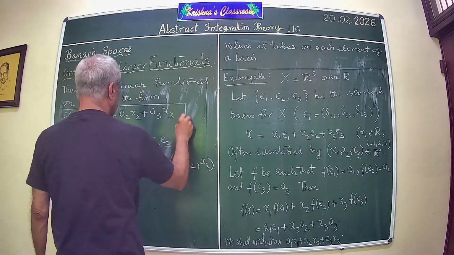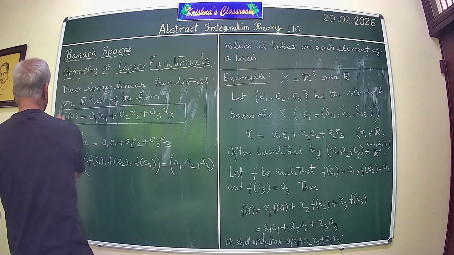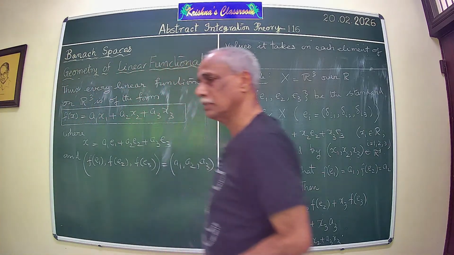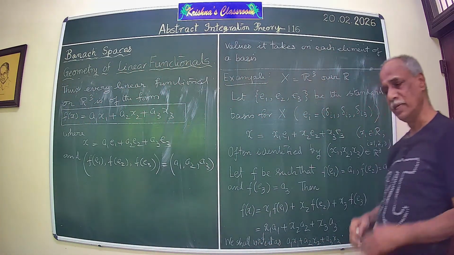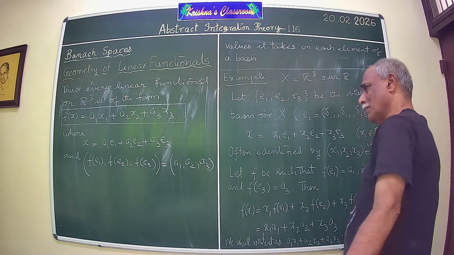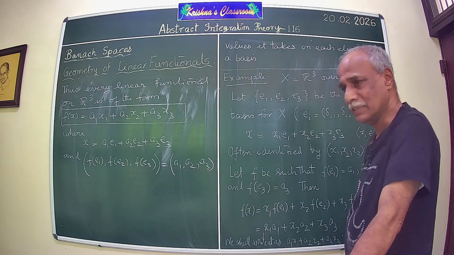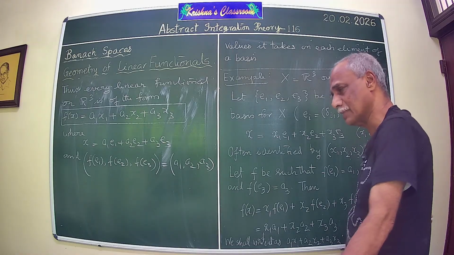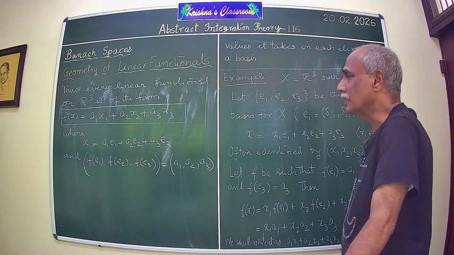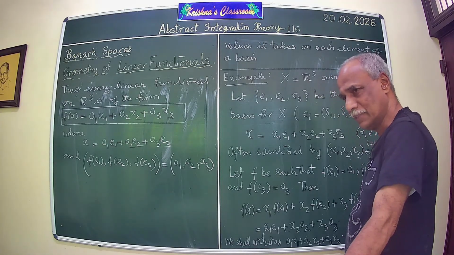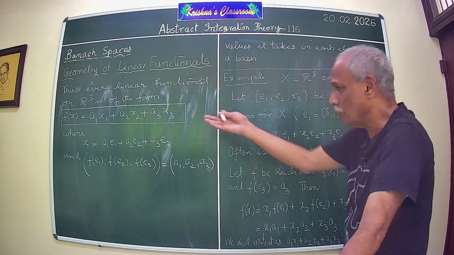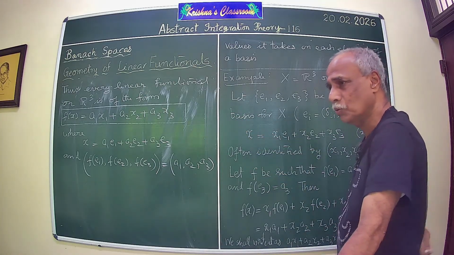Now you see that there is no sanctity for the choice of e1, e2, e3. One can choose any ordered basis, say u1, u2, u3, three linearly independent vectors in R3, and then give a representation for every x, which will be of this form with ei replaced by ui.